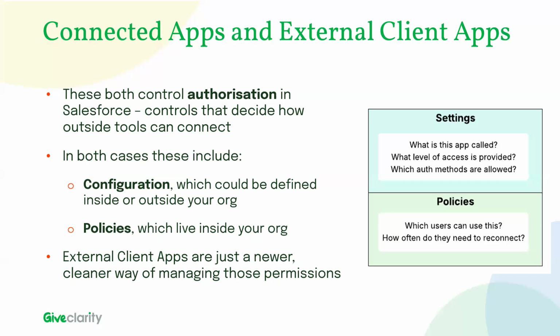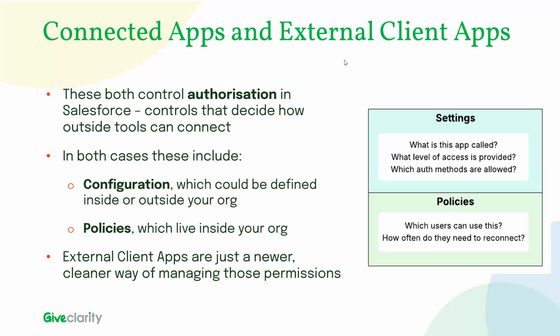With both connected apps and external client apps, there's a structural separation between what Salesforce terms the settings of the app and the policies of the app. The settings are essentially what this app is and what authentication methods are allowed through it.